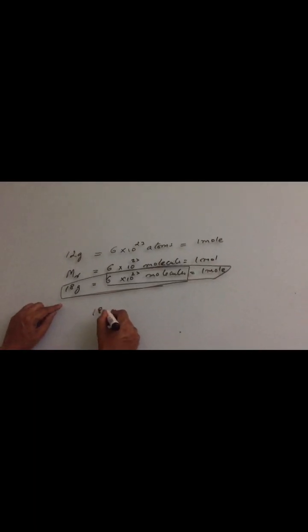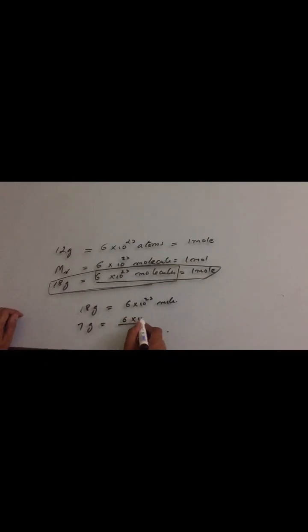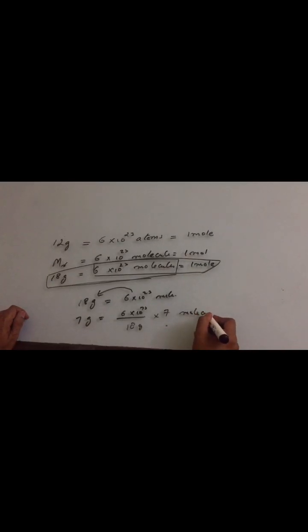For example, 18 grams of water has 6 × 10^23 molecules. For 7 grams of water, how many molecules? You write this value divided by 18 grams, multiplied by 7, and so you can easily calculate how many molecules are there in the given mass.